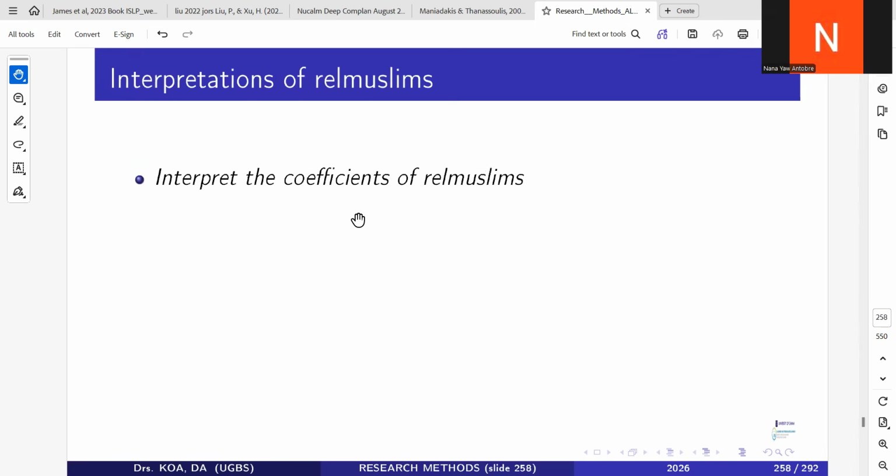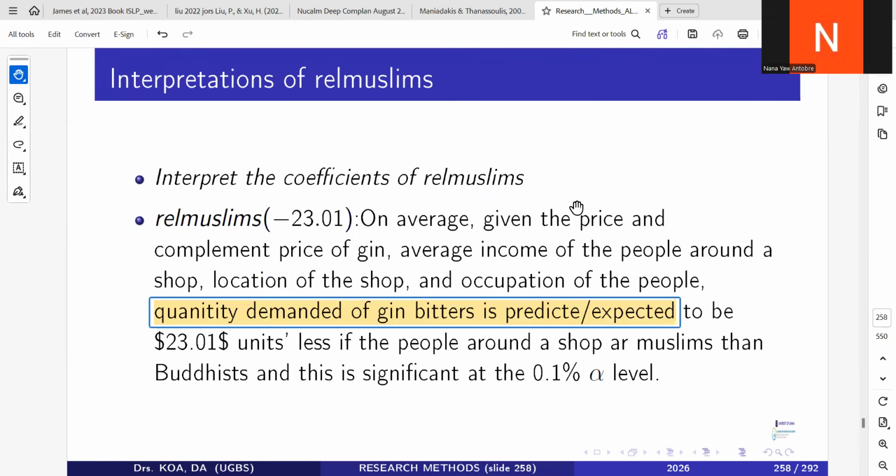He said the reference category is usually not mentioned in the table. Okay. But in our interpretation, you have to bring it. You have to know it. But I realized that the Christians didn't appear in our interpretation. Because we are not interpreting Christian, we are interpreting Muslim. So basically, you compare Muslims to the reference category. So if it was Christian, it should have been Christians and then Buddhists.